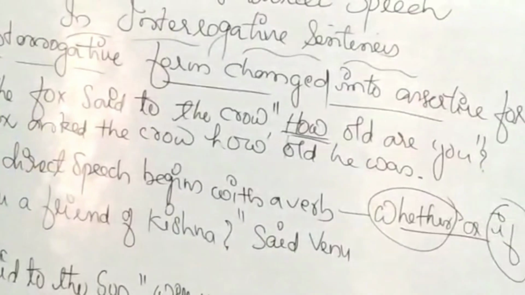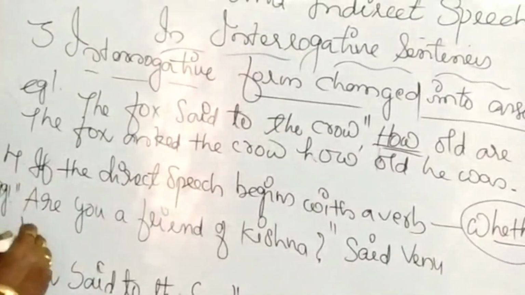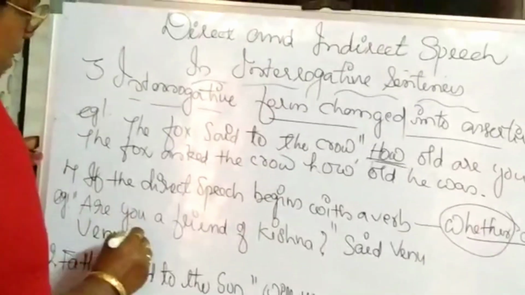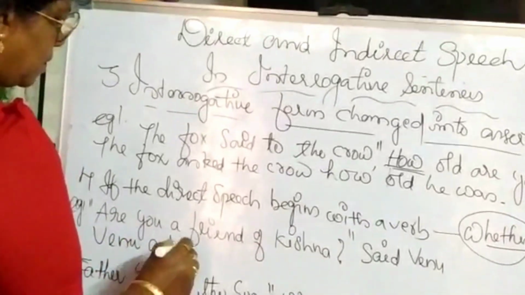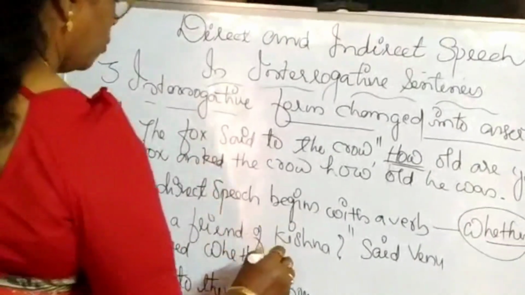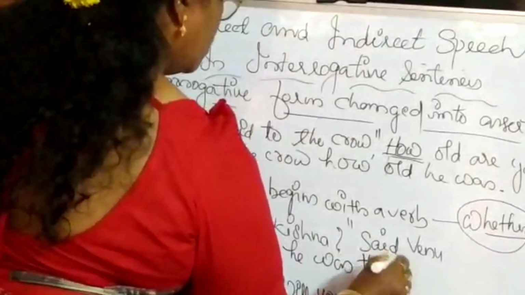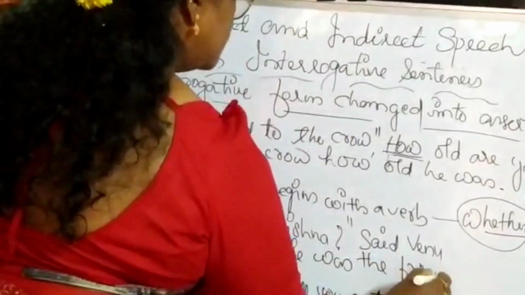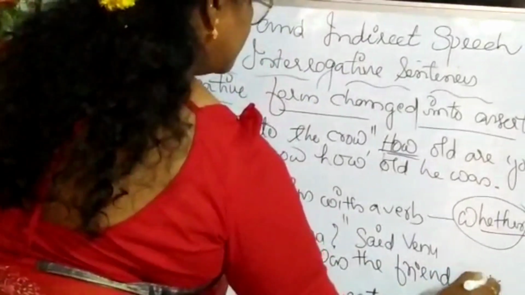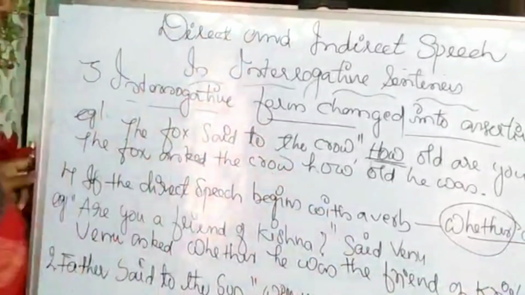Are you a friend of Krishna? said Venu. How can we change? Venu asked whether he was a friend of Krishna.